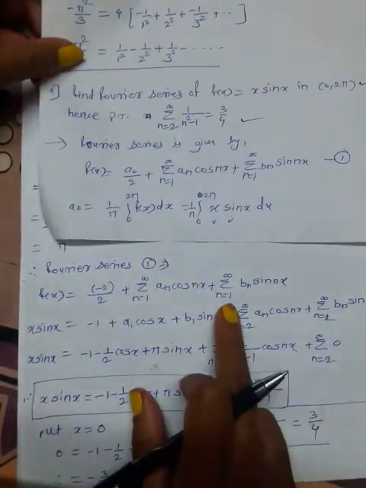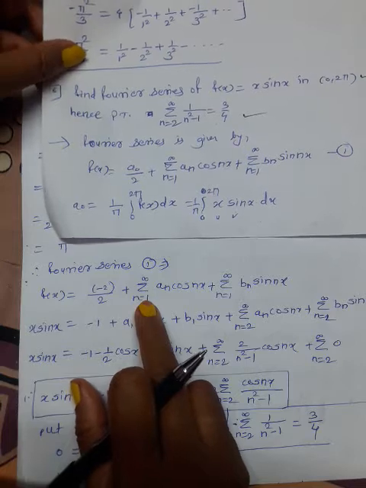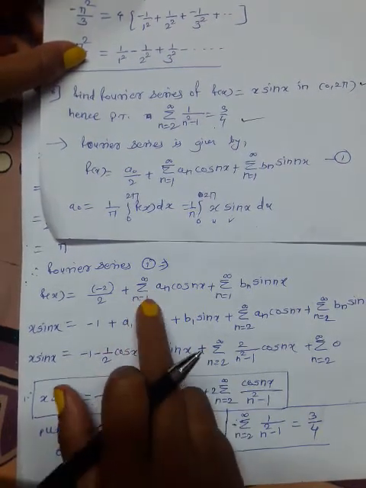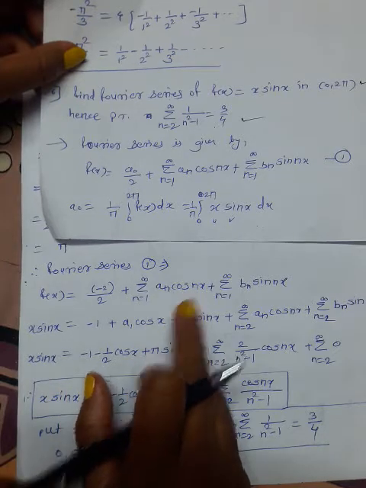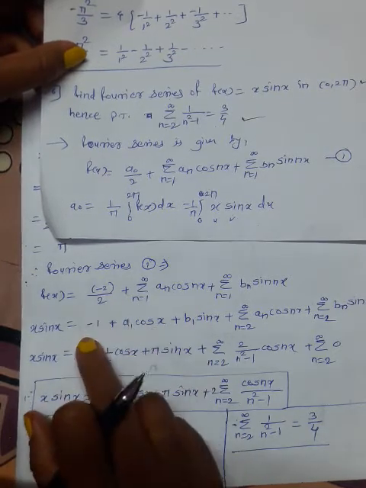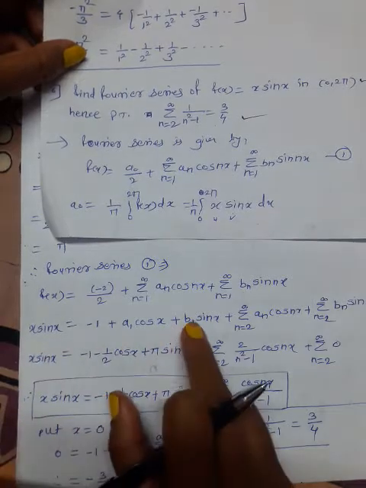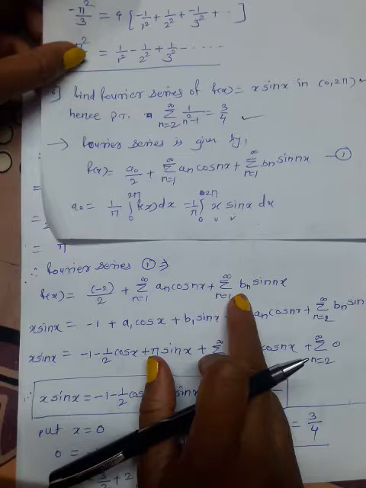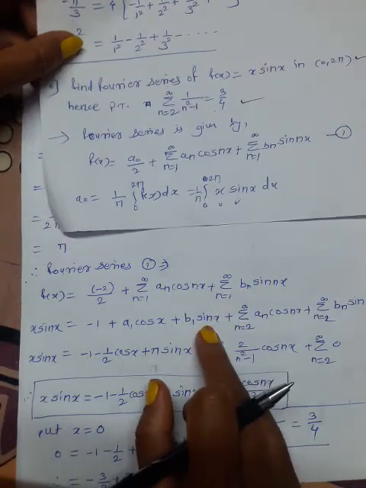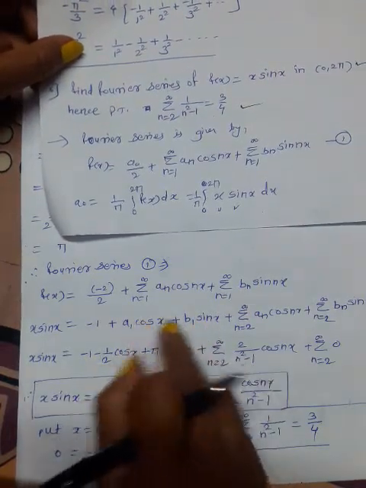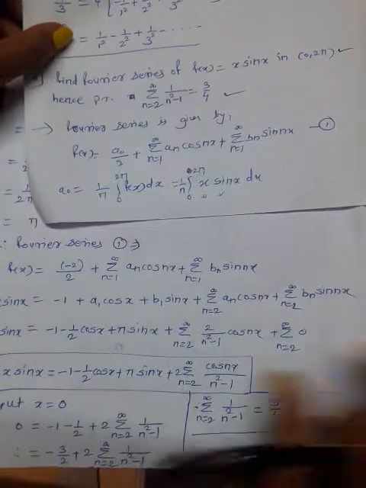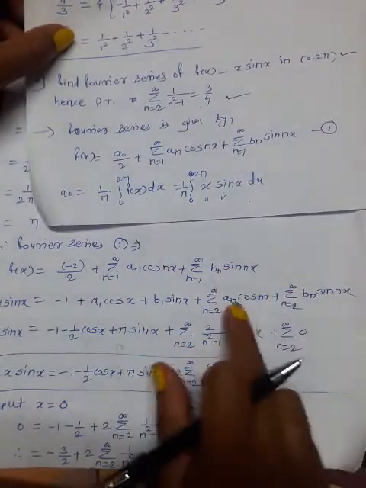Okay, now we have already calculated n is equal to 1. Take that term only outside of this summation, put n is equal to 1, we get a1 cos 1x. This is minus 1, and again one term we have to take outside by putting n is equal to 1, b1 sin 1x. These are two different terms because a1 and b1 were calculated separately. Plus now this summation starts from 2 to infinity, same terms.